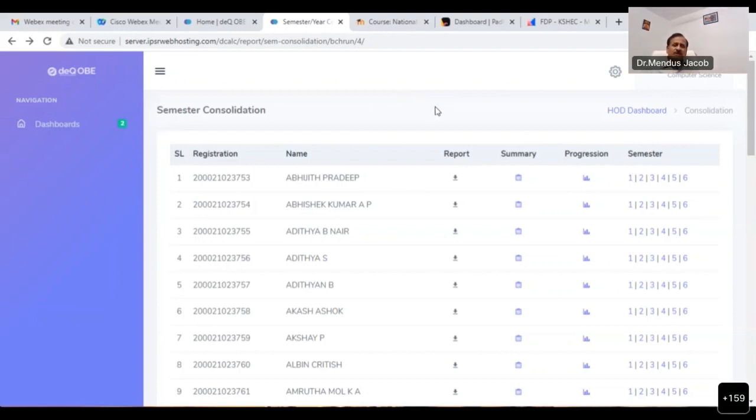Whenever you conduct an activity or assessment, at that point itself, you can add that value to the tool so that every time we can calculate the attainment levels, and you'll also get analytics reports like this. Okay, so that's about calculation of attainment. And if you're using a tool, then analytics reports like this.